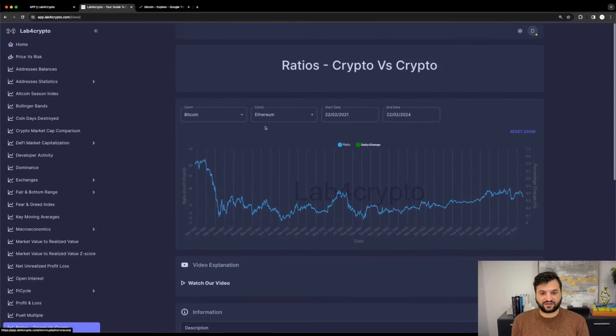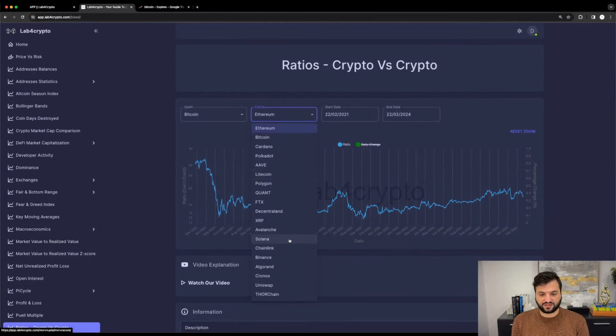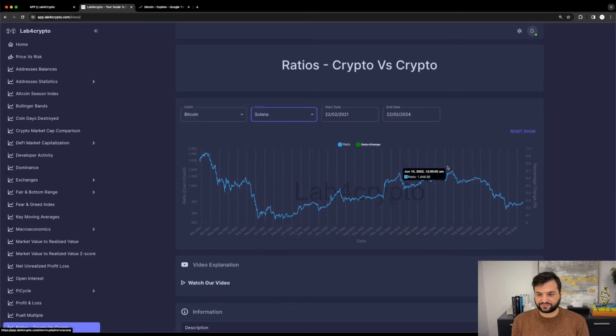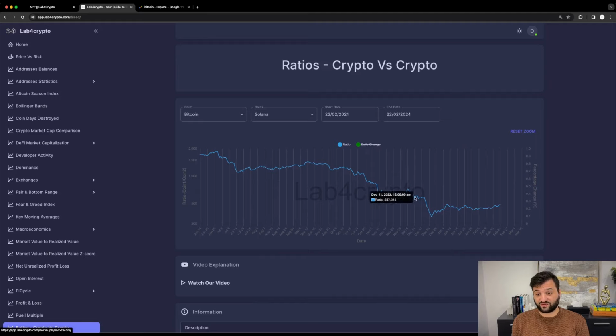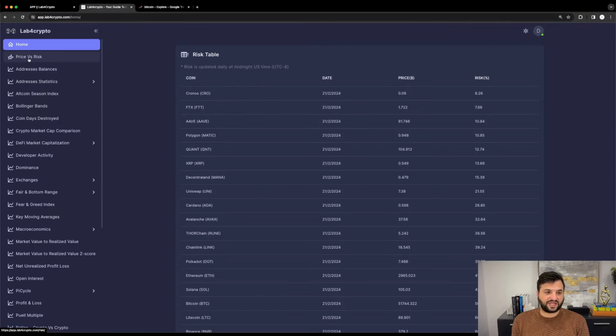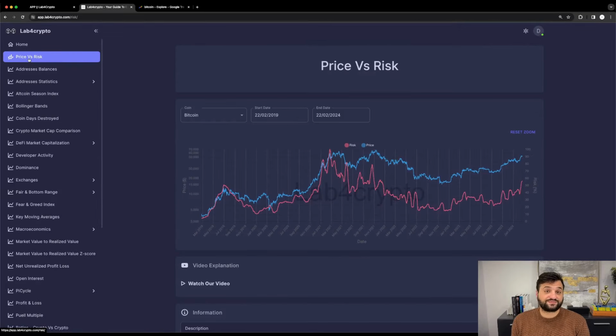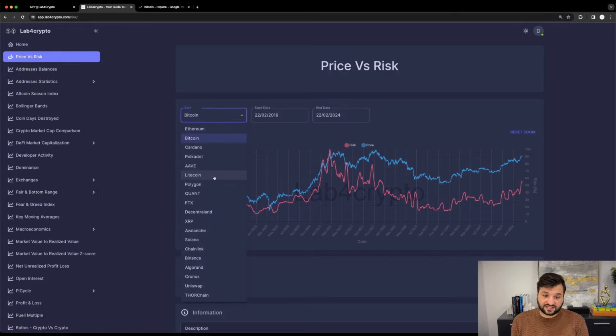If we check the recent comparison between Bitcoin and Solana, we will see that Solana is outperforming Bitcoin by far the last year, but it remains to be seen if that is the case. But when I made my decision, I used the risk metric, which was signaling that it was a good time for me to exit, and I adjusted my percentage.